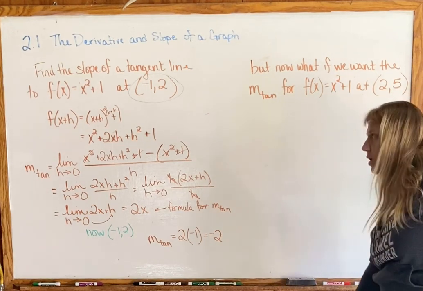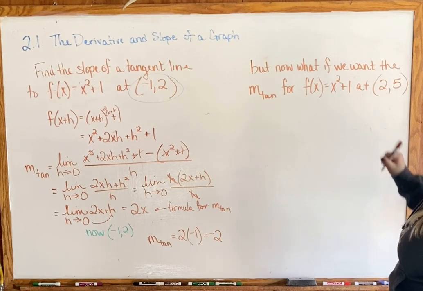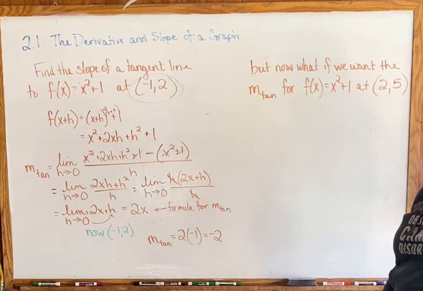So we just went through all of this hard work, and then we come over to this problem, and it looks almost the same, except that they give us another point.